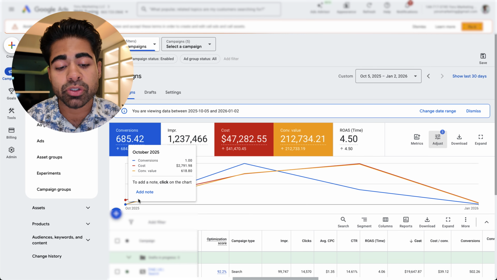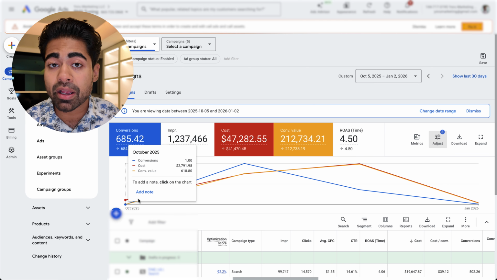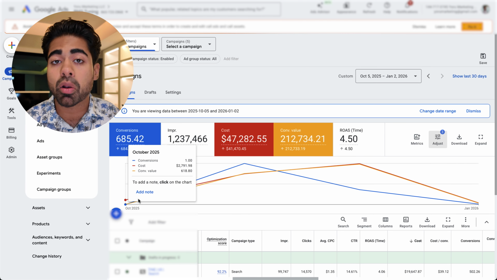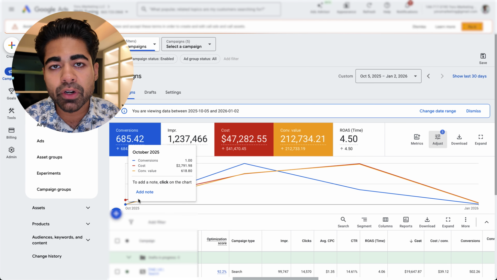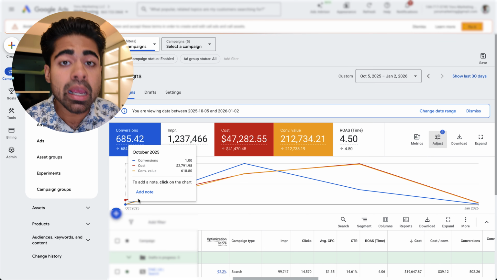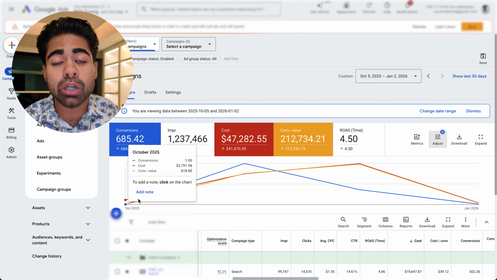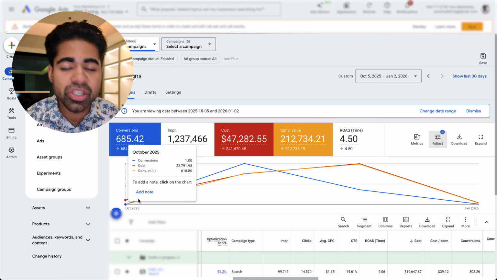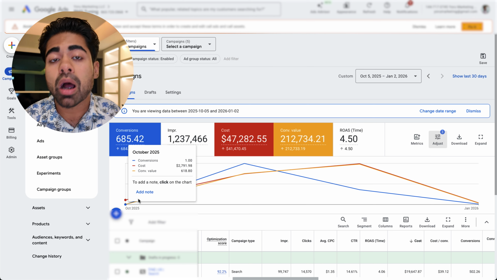Going back to the month of October, they got one single sale after $2,700 in spend. This is not wrong conversion tracking. It's purely correct conversion tracking, but this was happening because there was a big discrepancy between what the users were expecting when they went on the product page versus what actually showed up on the landing page.